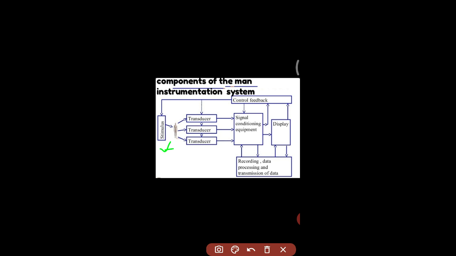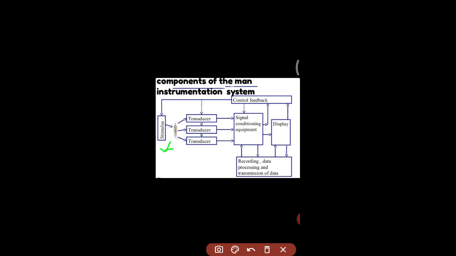That is the visual stimulus: in the hospital, the doctor shines a flashlight onto the human being's eye. The second is auditory, for example a tone sound applied to the human ear. And there is tactile or direct electrical stimulus of some part of the nervous system of the subject. So this stimulus is important.